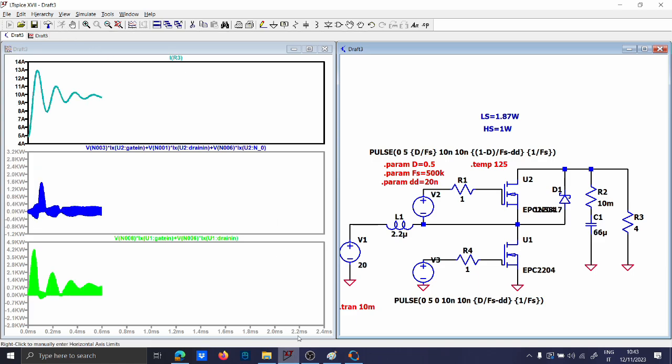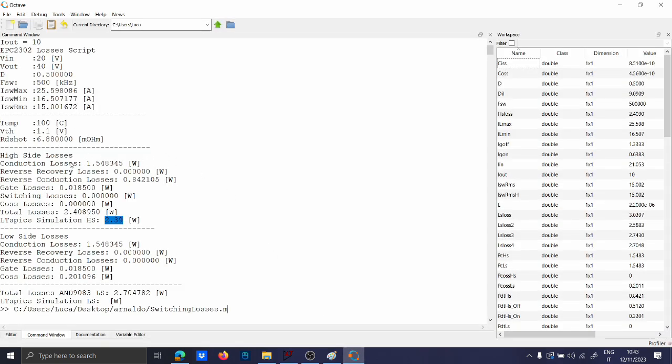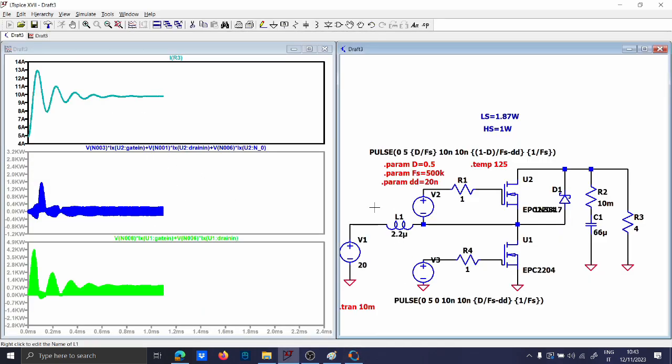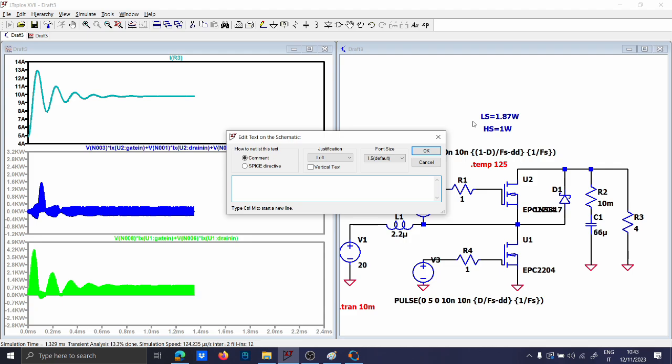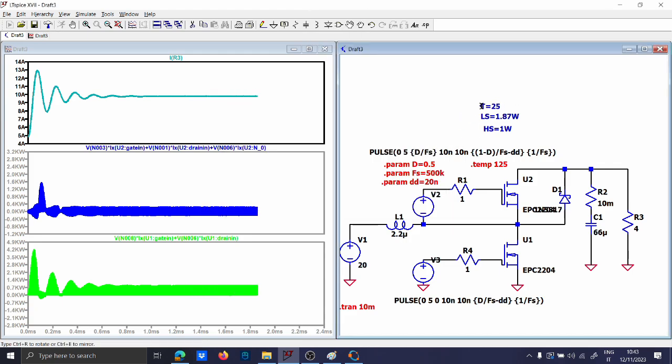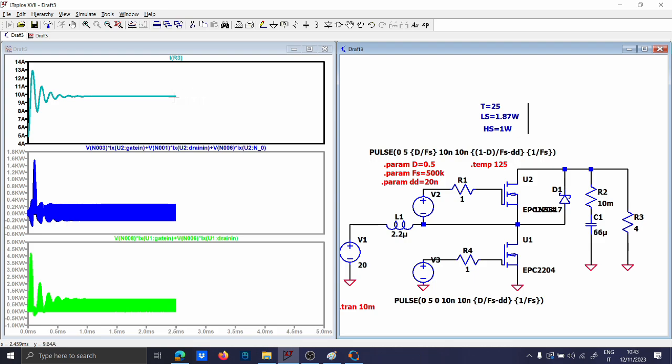My bad. Because when you increase the temperature, the conduction losses will increase. So let's say that this was T equal to 25 degrees. Okay. It is important to also say that because now the losses should have increased.